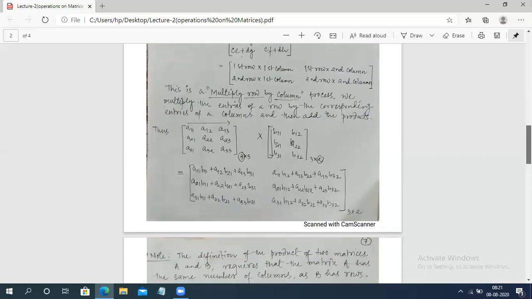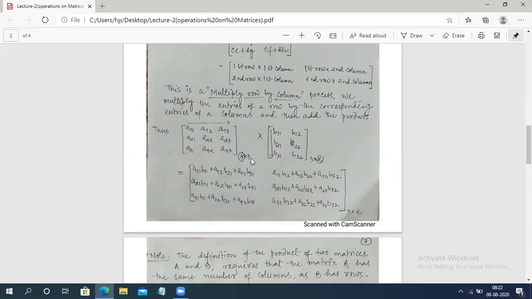If we consider another matrix, suppose a matrix of order 3 by 3. This is matrix A. Suppose its elements are like this: A11, A12, A13, A21, A22, A23, A31, A32, A33. And we are going to multiply this matrix with another matrix B, and suppose its order is 3 by 2.